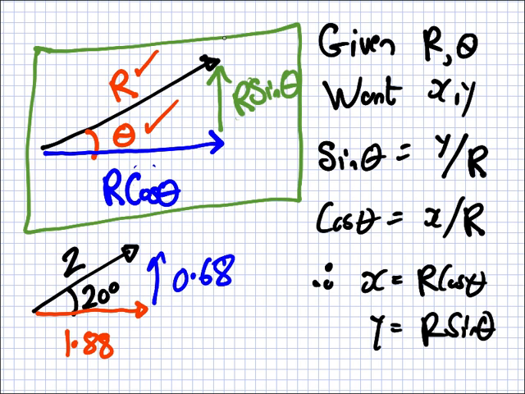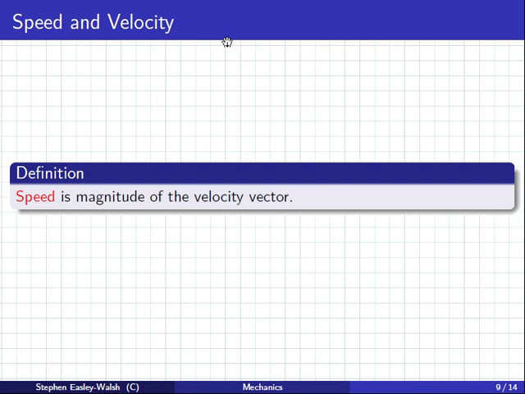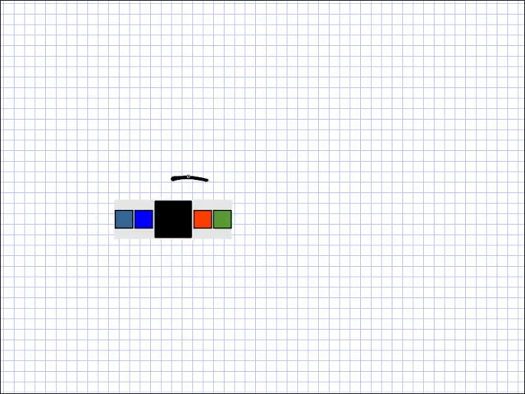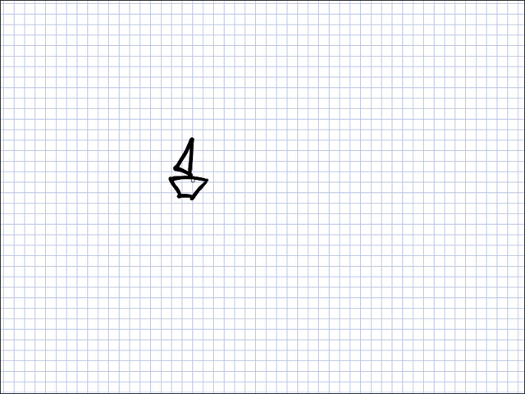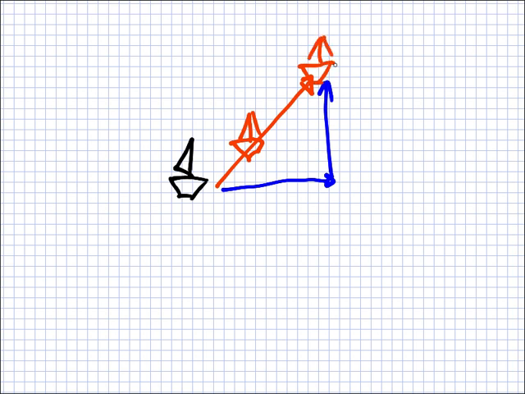Okay, continue. Speed is another way to think about it: the magnitude of the velocity vector. So, for example, here's a little boat, and it's heading in this direction, so off it goes. It's my boat. I told you I'm not an artist. Let's say its velocity is 5 east and 12 north.